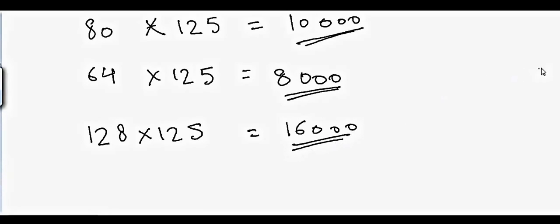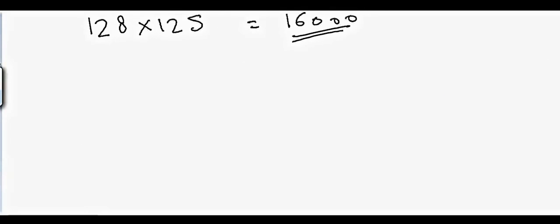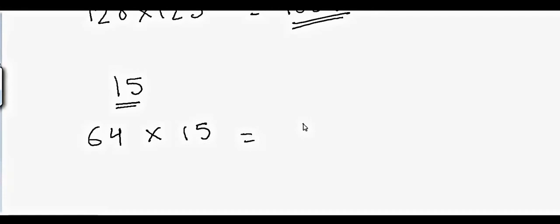So now let's go to multiplication by 15. In case of 15, this is a little different. Suppose we have 64 and want to multiply it by 15. In this case, I will take 64 and then add 64 divided by 2 to it, and then multiply by 10.